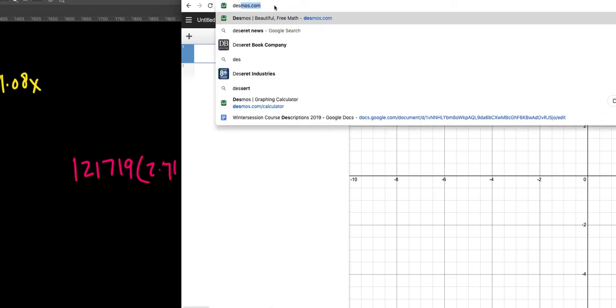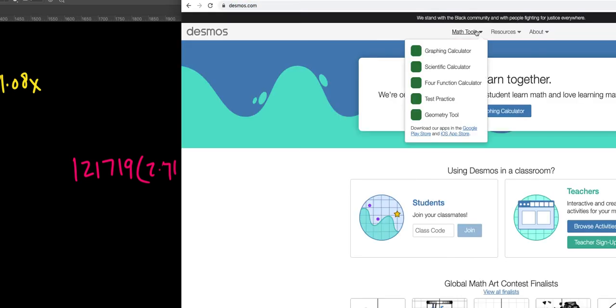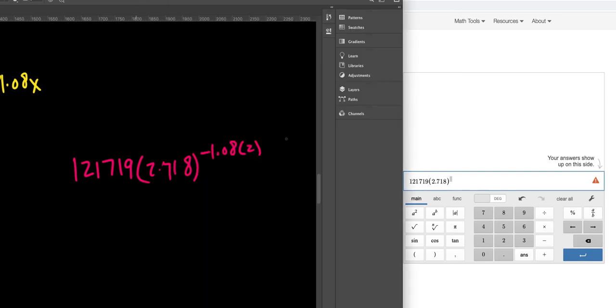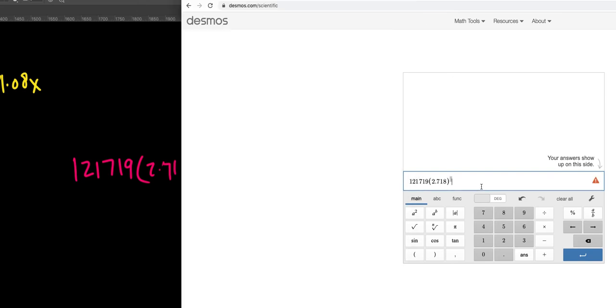So remember, go to Desmos and then go to Math Tools, Scientific Calculator, and we're going to say 121.719, 2.718 raised to negative 1.08. And then the first time we just plug in a 1 and we get that answer.